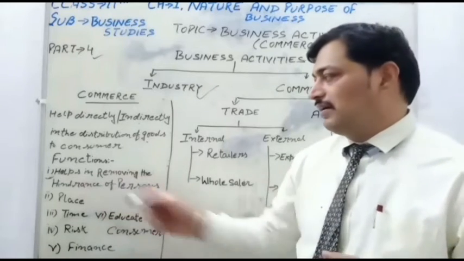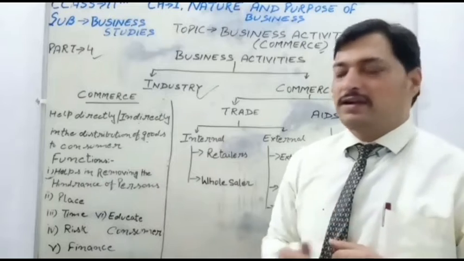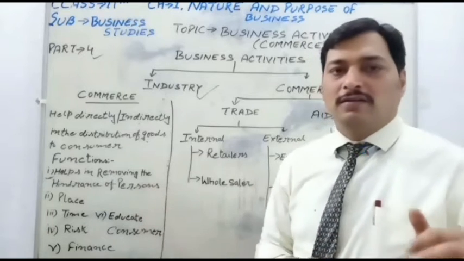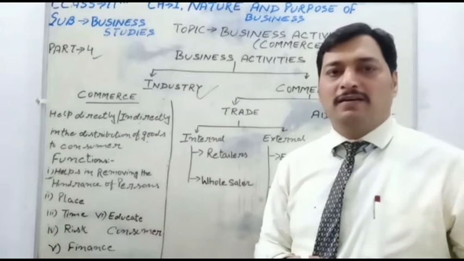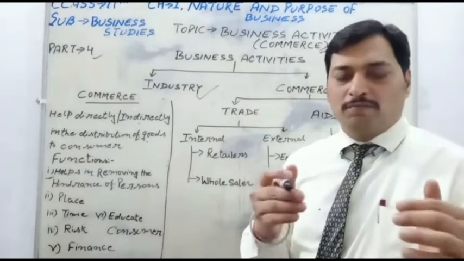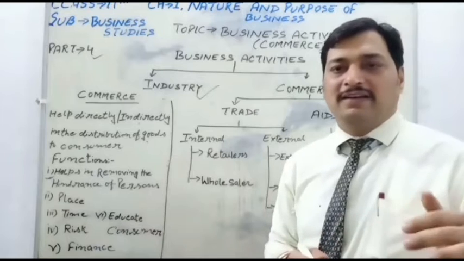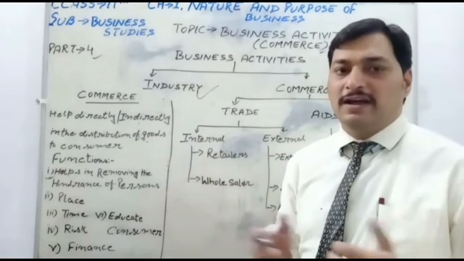The next point is helping in removing the hindrance of place. The goods are manufactured by the manufacturer in one place, but the buyers of the goods are scattered all over the parts of the country, in different areas.